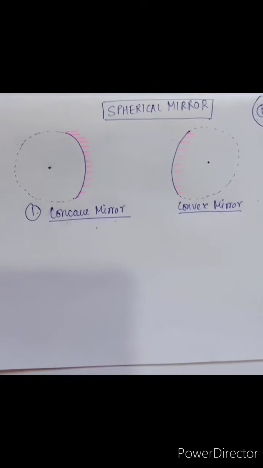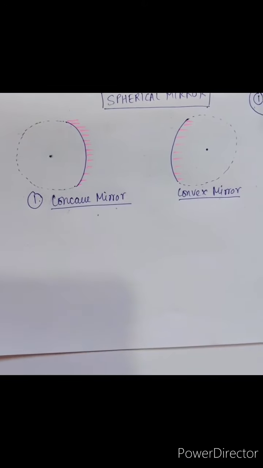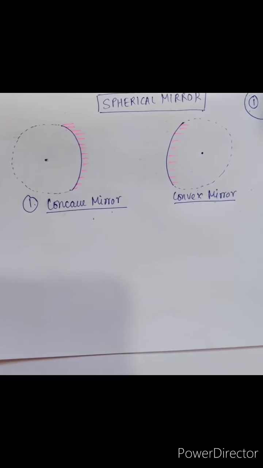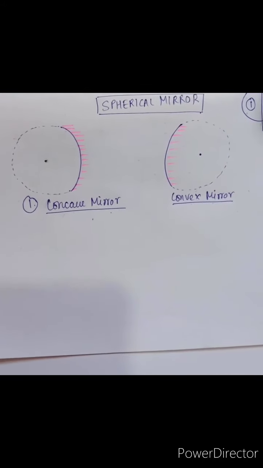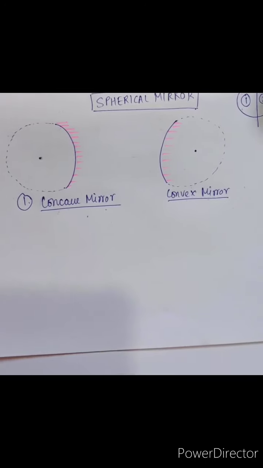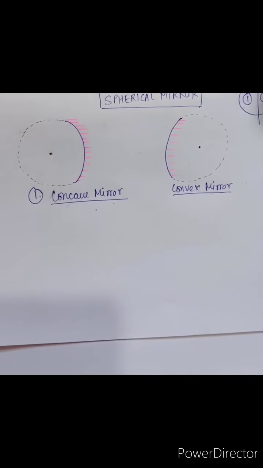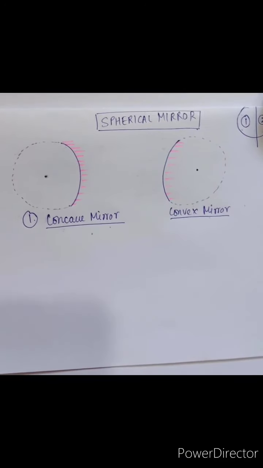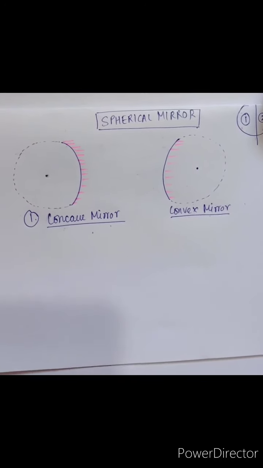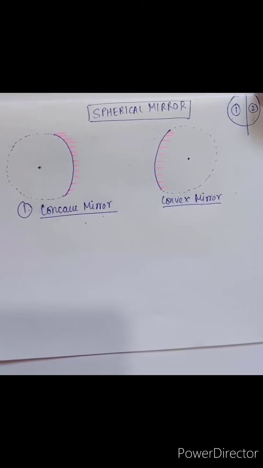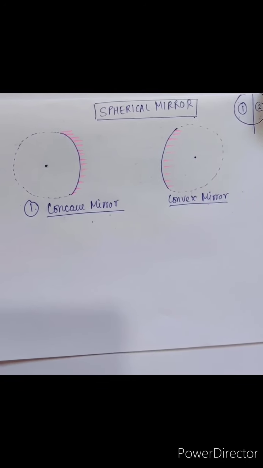Before we move further on how reflection through a spherical mirror takes place, it is essential to understand the meaning of some terms related to spherical mirror reflection. The first term is center of curvature.